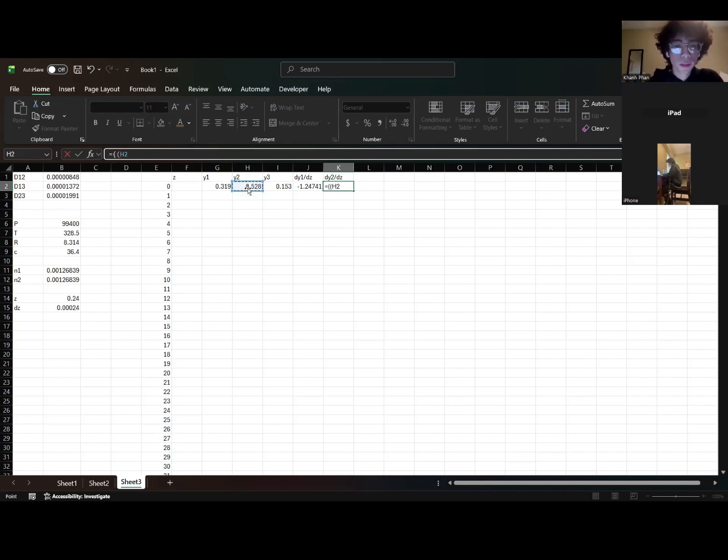Y2 times N1, and then lock it, minus Y1 times N2, which is this, and then don't forget to lock it. And then divided by concentration times D12, and then lock both, just in case.